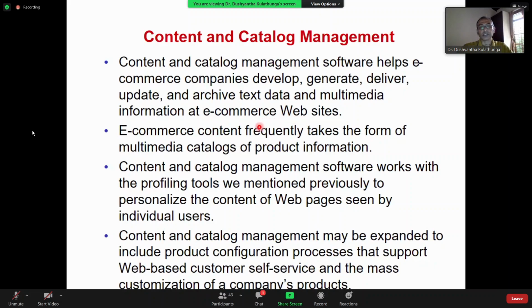So product information will have to be presented in detail, and you may first present a set of summarized information, but give the option to go into details if the customer wishes to study more.